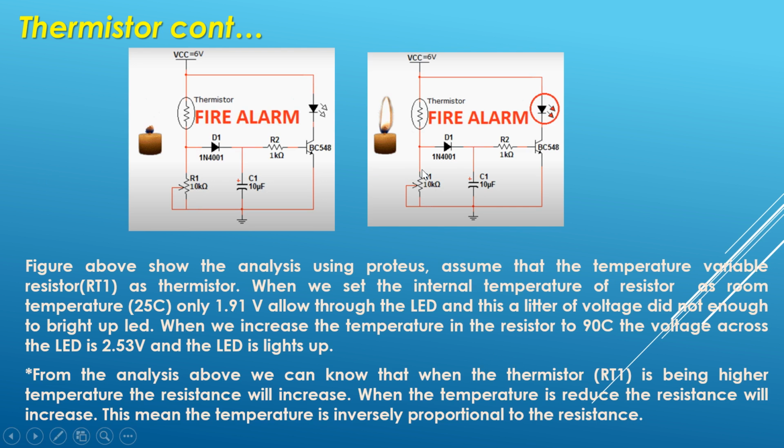From the analysis, we can see that when the thermistor is at a higher temperature, the resistance will increase. When the temperature is reduced, the resistance will increase. This means the temperature is inversely proportional to the resistance.